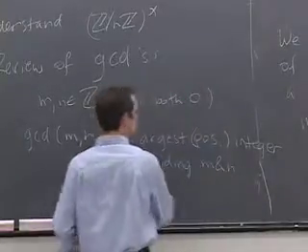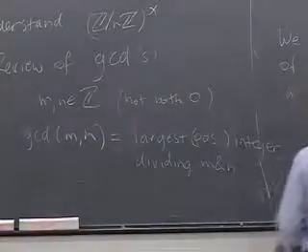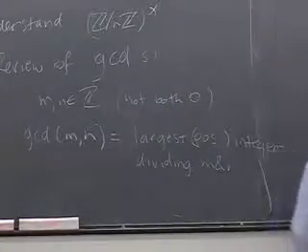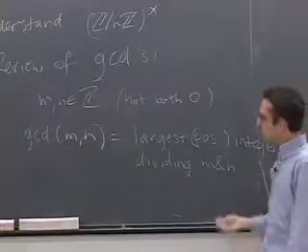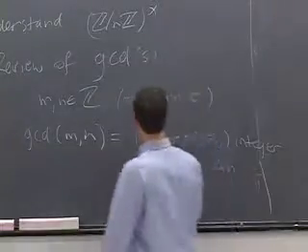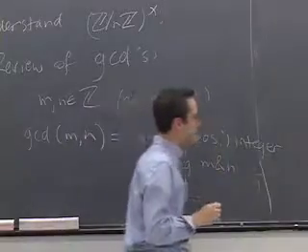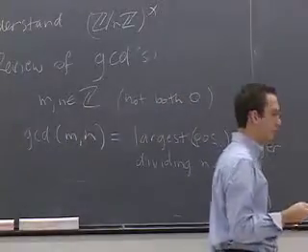But for the purposes of understanding the GCD, there's a better way of writing this down, because it doesn't make reference to the order structure on the integers inherited from the real numbers.